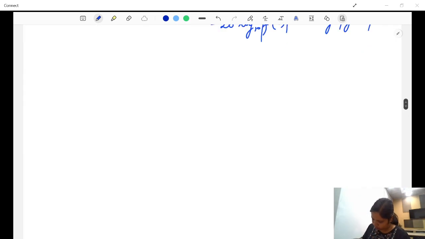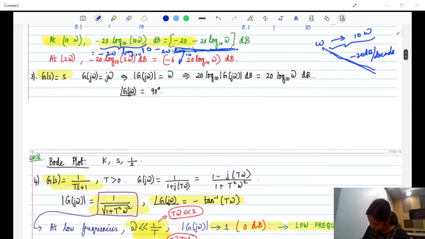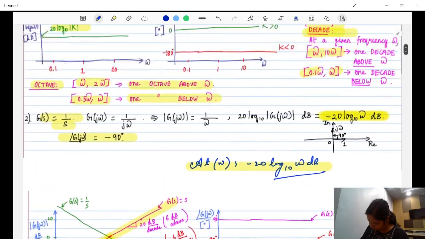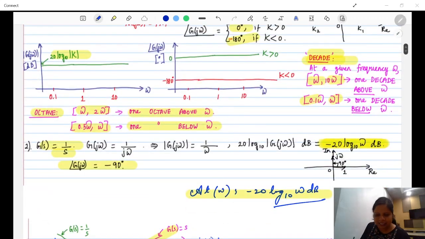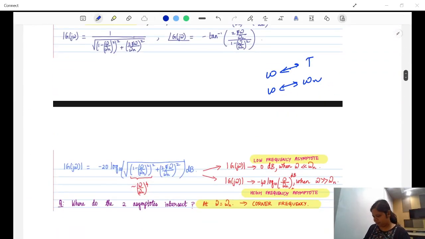So we saw this here, no? Instead of going for omega and 10 omega, we can check for omega and 2 omega. There also we will get it, but the calculation is not that easy.